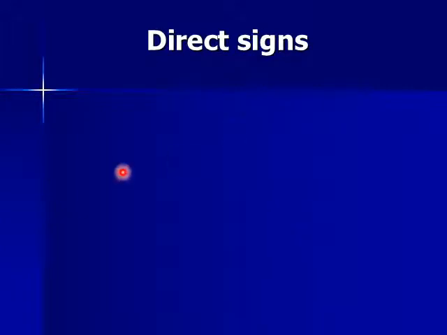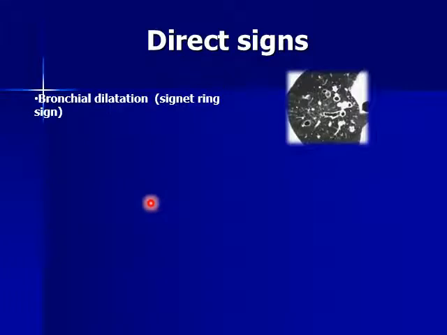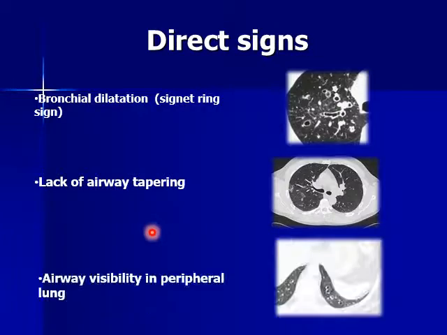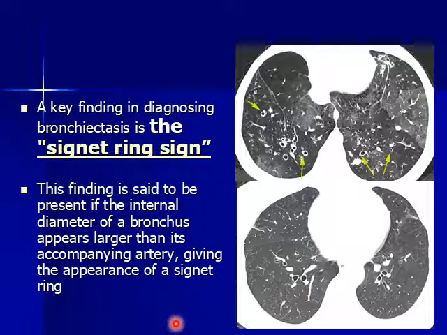To diagnose bronchiectasis by all its types, we have direct signs such as signet ring sign, lack of airway tapering, presence of dilated bronchi at the outer third or outer fourth, or presence of mosaic attenuation due to large airway disease with areas of air trapping.